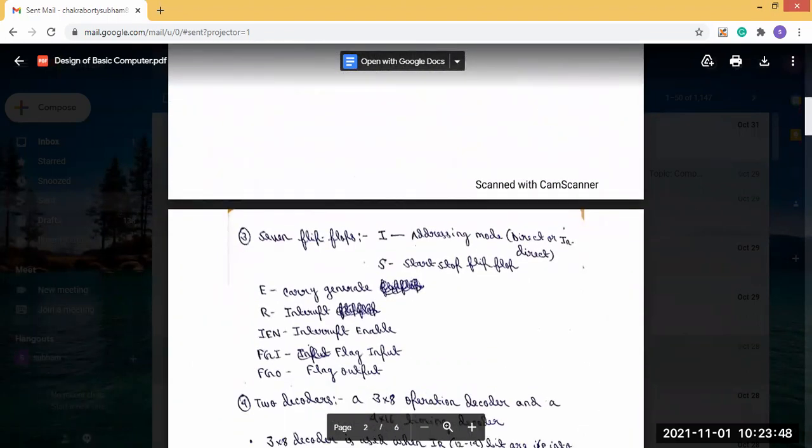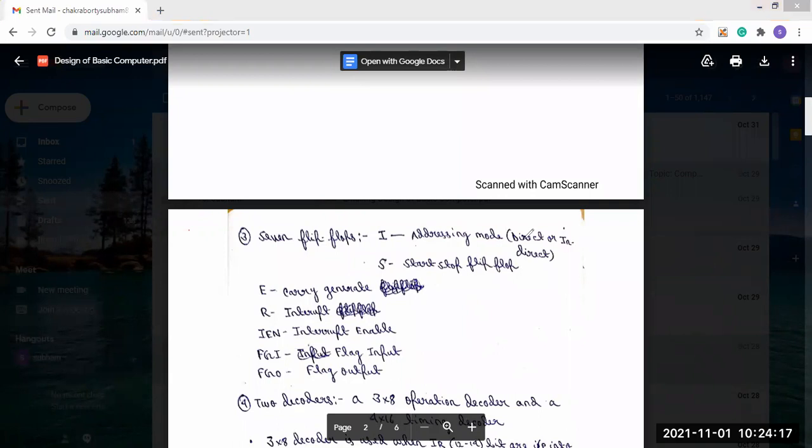And 7 flip-flops are necessary. What are those? One flip-flop is the addressing mode, which we have seen in the instructions register. The 15th bit of the instructions register, we can call it the I bit. This I bit has the value 0 or 1.